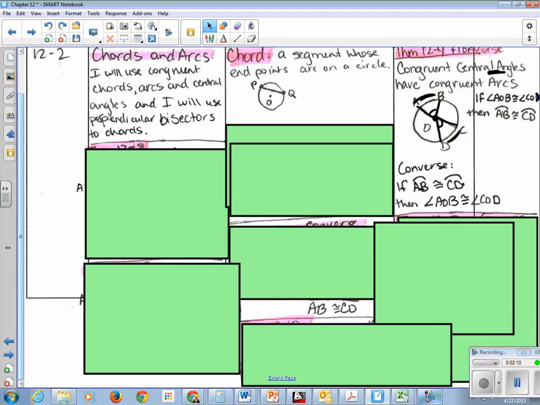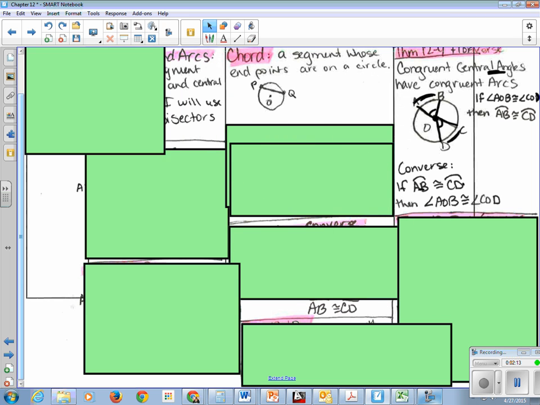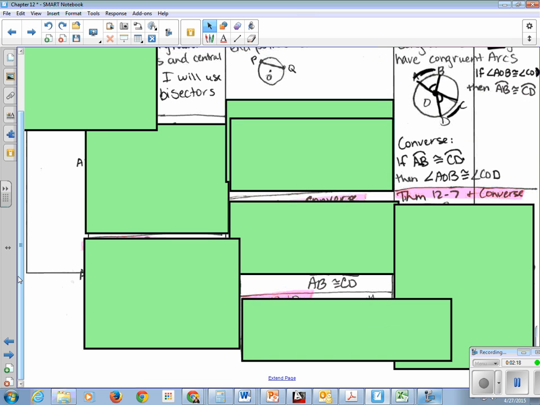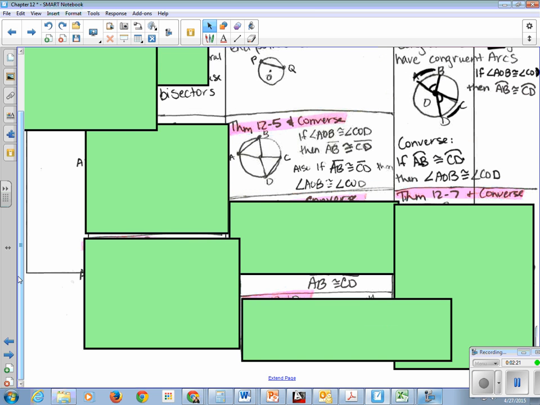All right, theorem 12-5. There it is. So theorem 12-5 and its converse: if angle AOB is congruent to COD, just like before, then length AB is congruent to length CD.